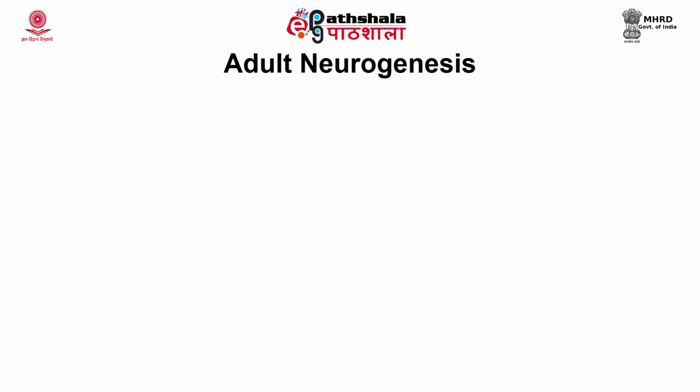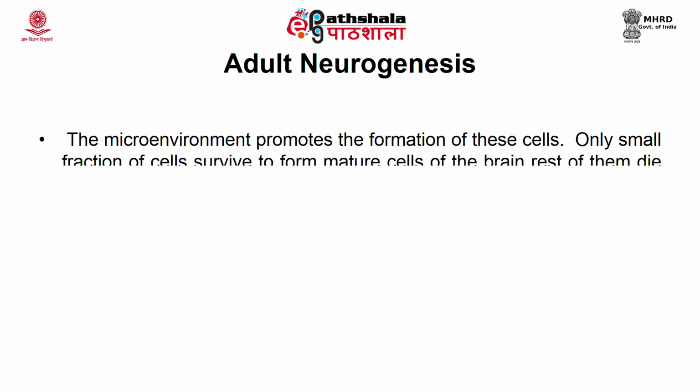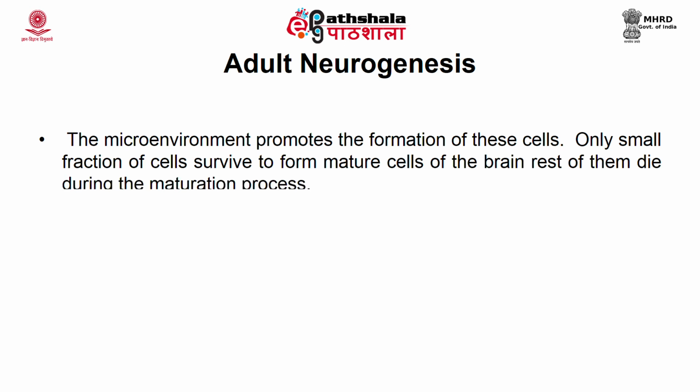Besides this, the microenvironment is also very important. It promotes the formation of these cells, and only a small fraction of cells survive to form mature cells of the brain, and the rest of them die during the maturation process.